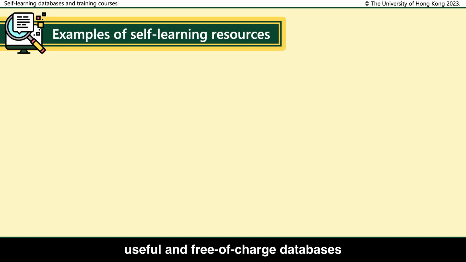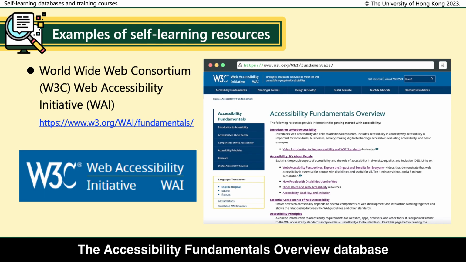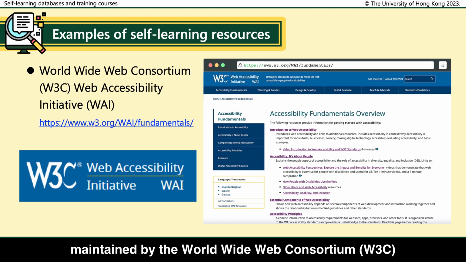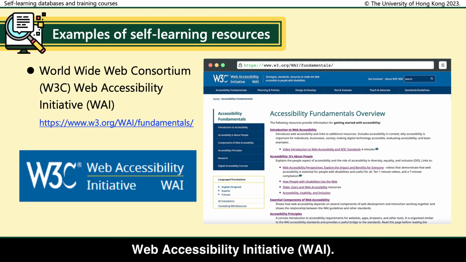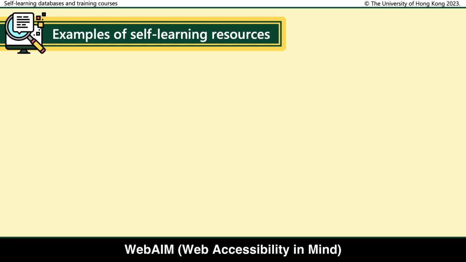The following are two popular examples of well-known, useful, and free of charge databases for self-learning that you may consider. The Accessibility Fundamentals Overview Database, maintained by the World Wide Web Consortium, W3C, Web Accessibility Initiative, WAI.